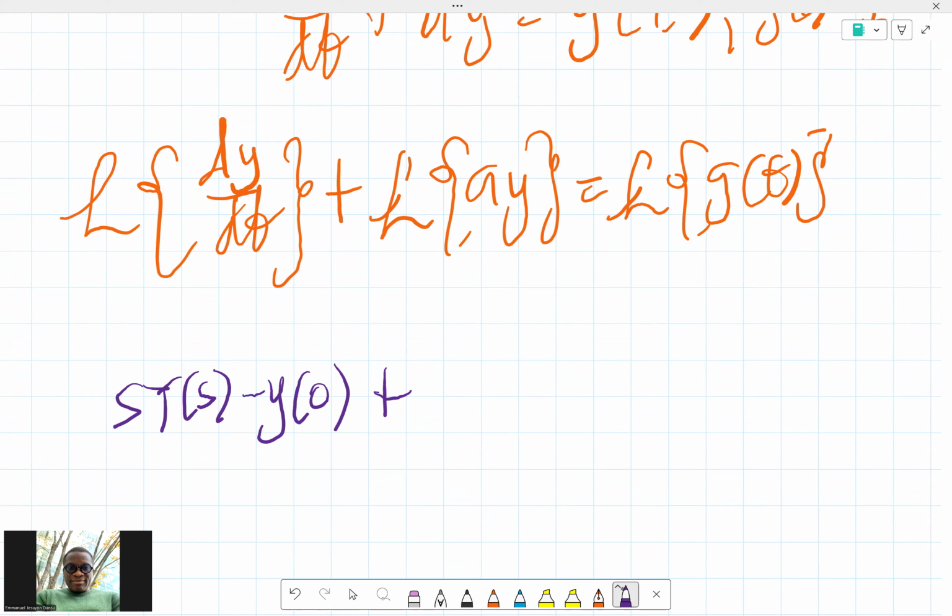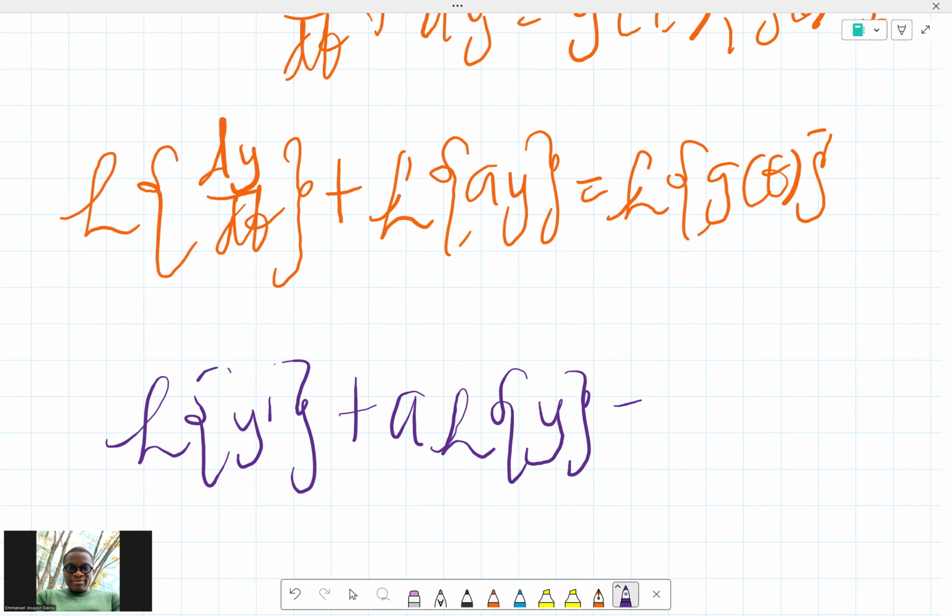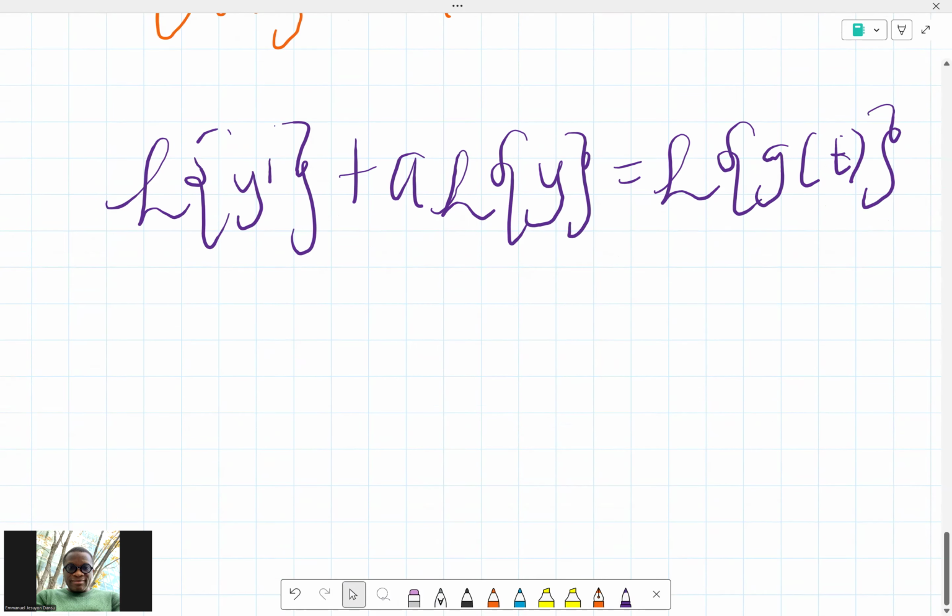Plus a times the Laplace of y. Let me take it slow: the Laplace of y prime, first order, plus a, the Laplace of y, when we bring out the a, and the Laplace of g of t, which is a forcing term, an external force.